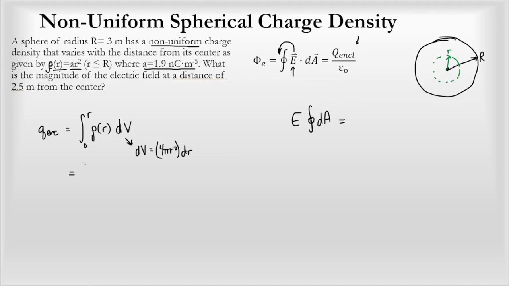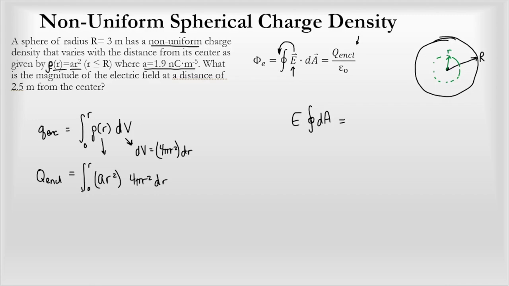So when I put this integral together, I get the integral from 0 to r of the volume charge density, AR squared, multiplied by dV, which is 4 pi r squared dr. That's how I'm going to find my Q enclosed here.